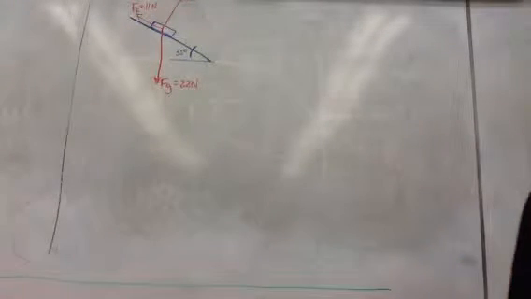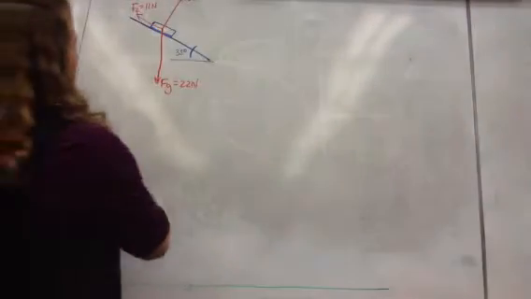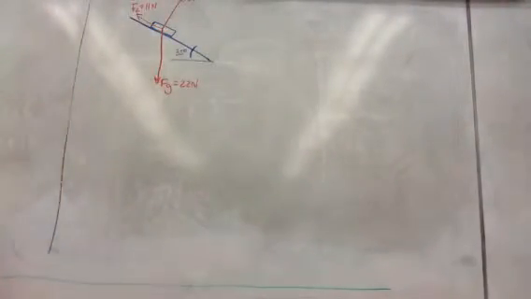Good. Okay, so, remember when we talked about assigning axes in problems? Where do you assign the x-axis? Where do you assign the y-axis? Our good old traditional x-axis is parallel to the surface of the earth, and the y-axis is perpendicular to that.